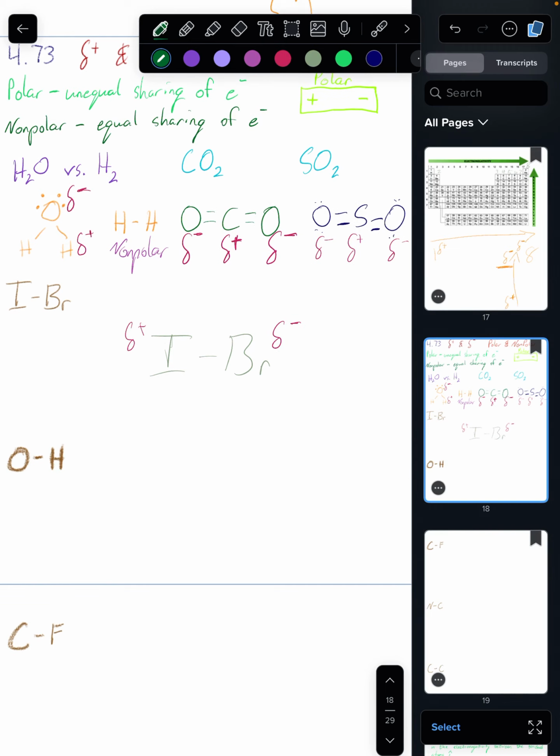So now, we have our oxygen, our hydrogen. We already know oxygen has its bonus electron groups. It doesn't have another bond, so it has a bunch.